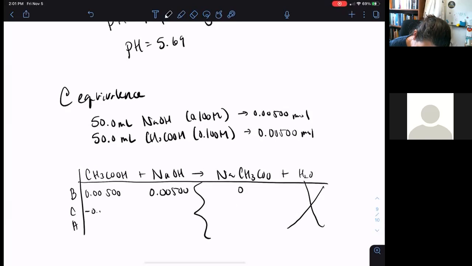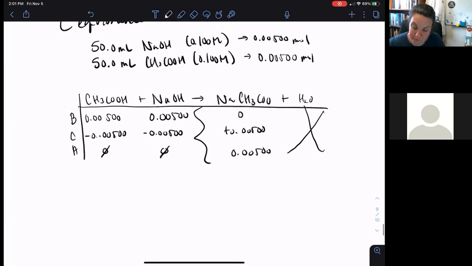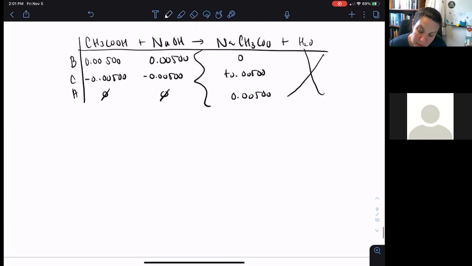Do minus 0.00500 and then plus 0.00500. We have a 0 here, and a 0.00500 here. So we can see from this that we're going to convert all of our acetic acid and sodium hydroxide into sodium acetate. So that's all we have at our point of neutralization.